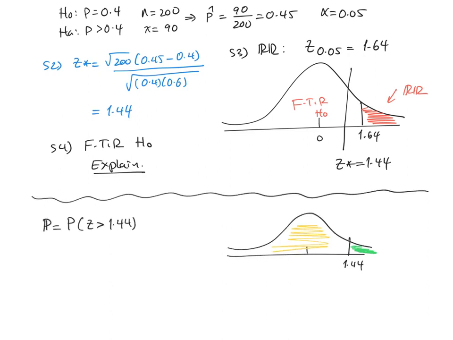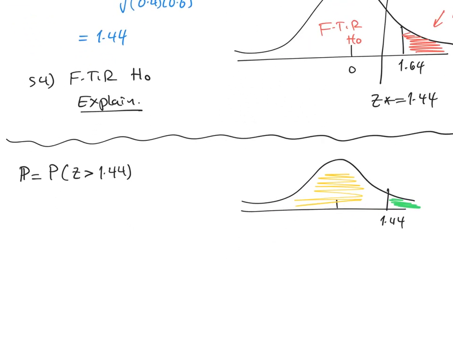What's the value from the table for 1.44? 0.9192. So then the p-value will be 1 minus 0.9192, which will be 0.08. By the way, if you do the normal CDF with the calculator, this will be 1.44 to 1000. It should give you exactly the same answer.